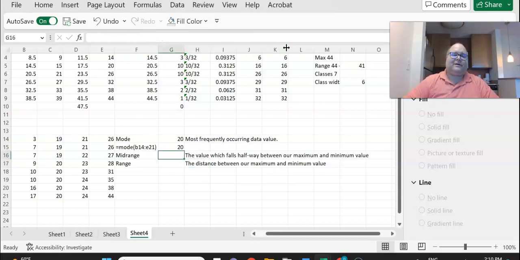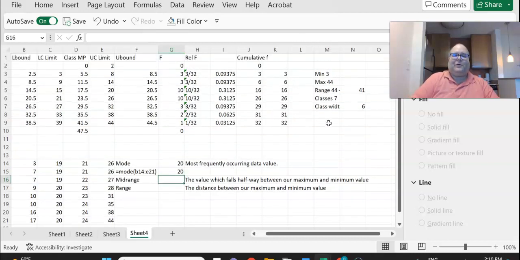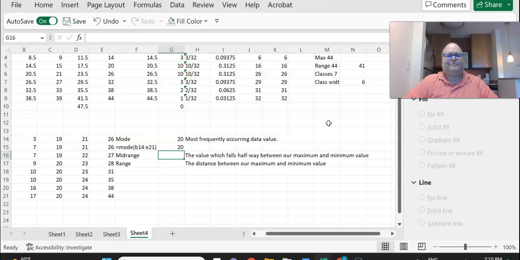So to find our mid-range, we're going to take our maximum value, 44, and our minimum value of 3, 44 plus 3, add them together, and divide by 2.